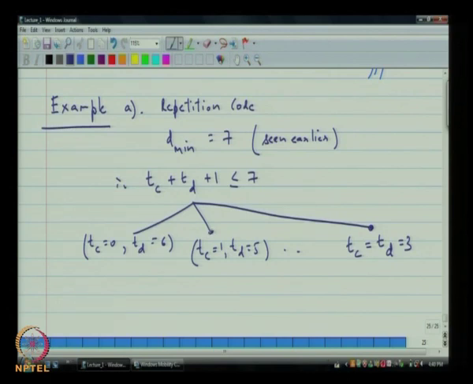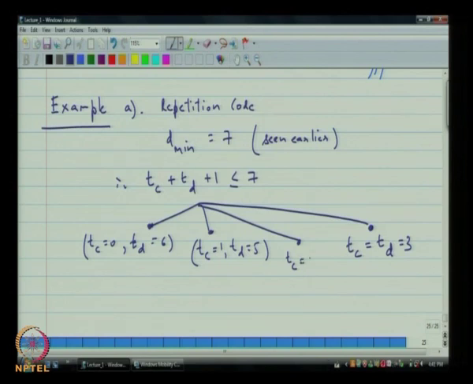So, you can use this code in these different ways. I guess the only one that is really missing in this list is the case when T sub C is equal to 2 and T sub D is equal to 4. So, you can use this code in 4 different ways.